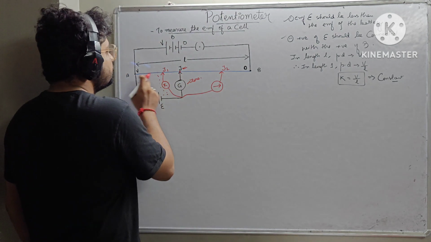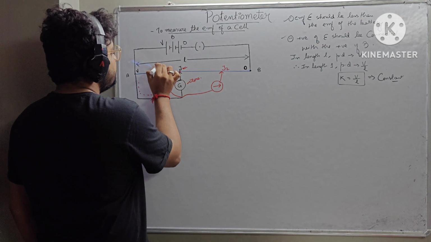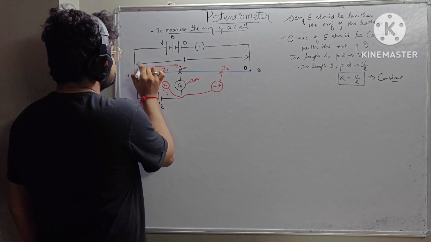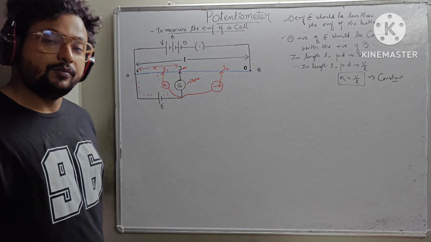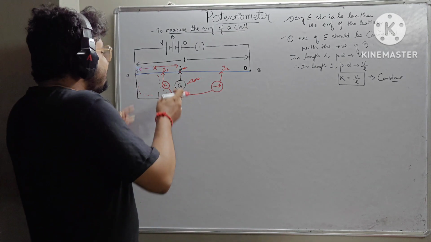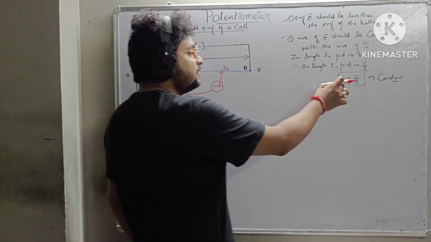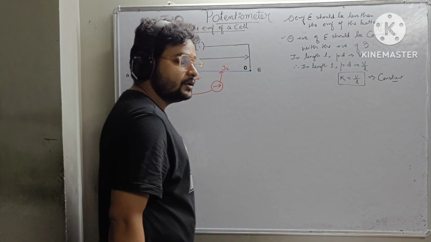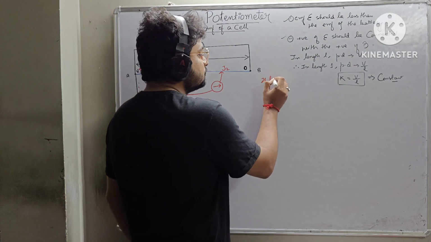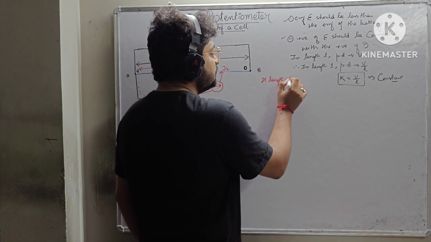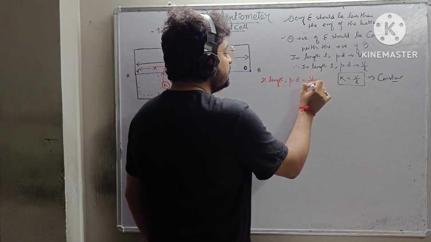See the distance from point A. Suppose the distance of this point from point A is x. Find out the potential difference between these 2 points. We know that the potential difference per unit length is V by L. So for x length, potential difference is going to be V by L into x.